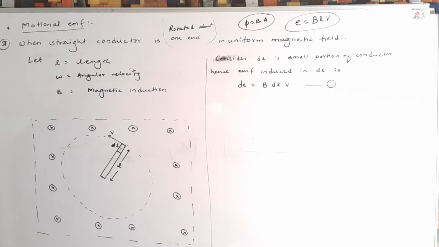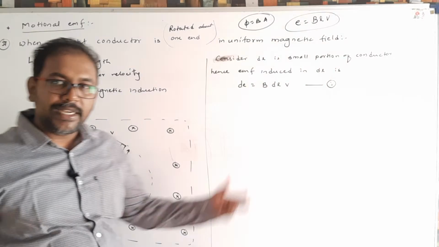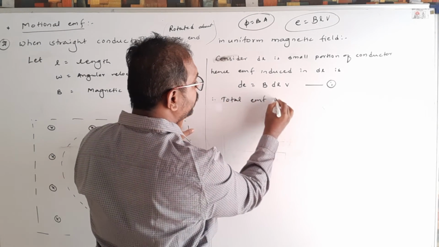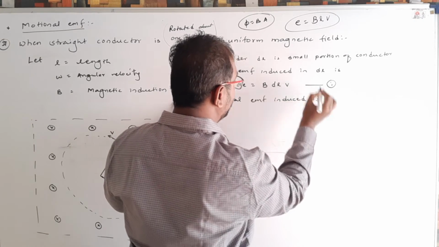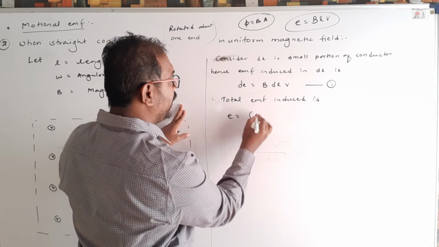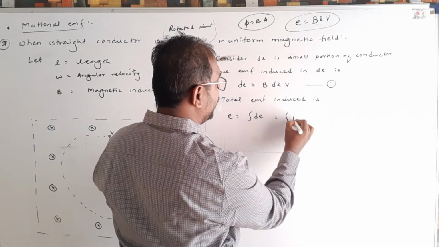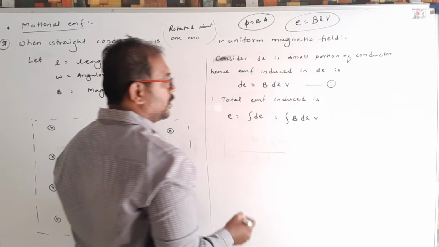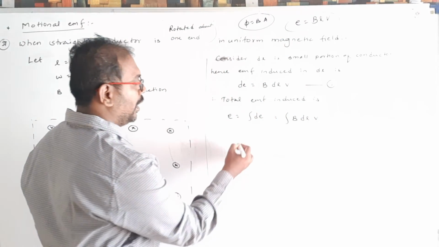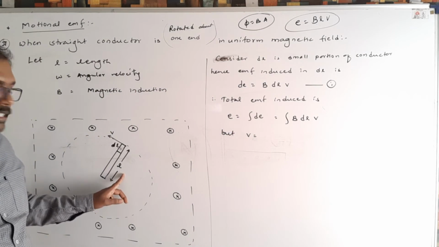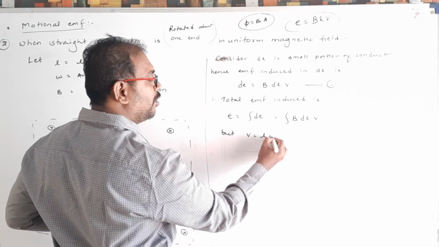Now we have to find out the total EMF induced. The total EMF induced we get by integrating this. Hence total EMF induced is E equal to the integration of dE, so integration of B dl v. Now v we can write as R omega, since v is equal to R omega, and here the radius is L, so v is equal to L omega.